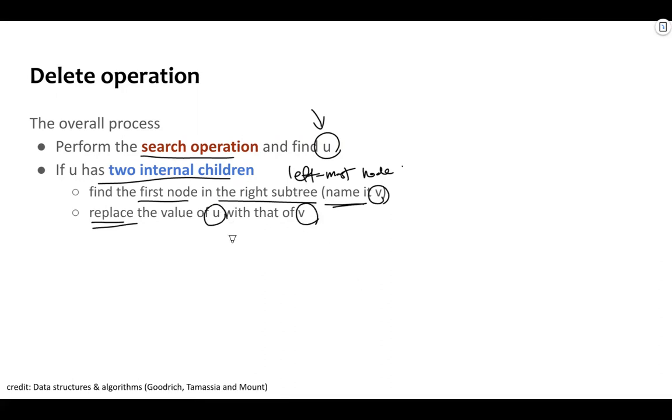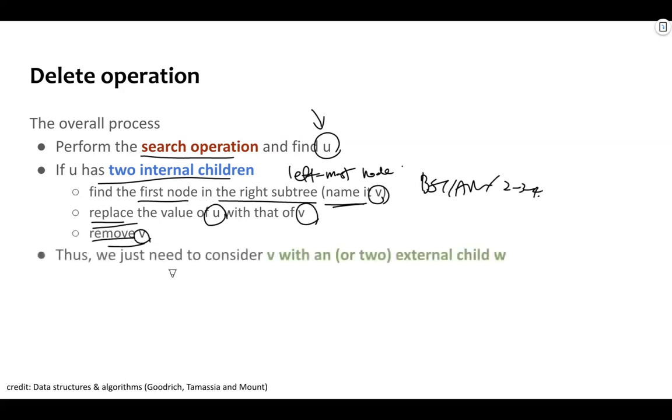So U goes to the bottom before it gets deleted. This is what we do for BST or AVL tree or 2, 3, 4 trees. Okay, then remove V. Therefore, we don't need to think about other cases, but we just need to think about when V is a node that has 1 or 2 external children, W. So that's the only case.